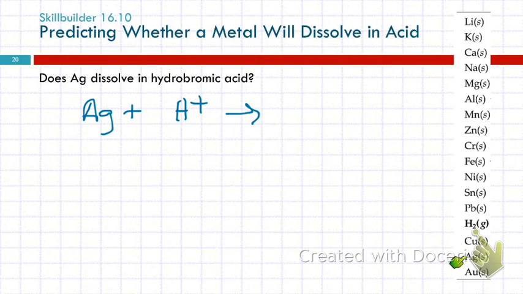That says that silver's not cool enough to steal the girl from hydrogen. So will it dissolve? No. No reaction. Nothing's going to happen. In order for this to dissolve, we'd form hydrogen gas and silver ions. Silver would have the charge, silver would have the girl, whatever that ion is that's in there.